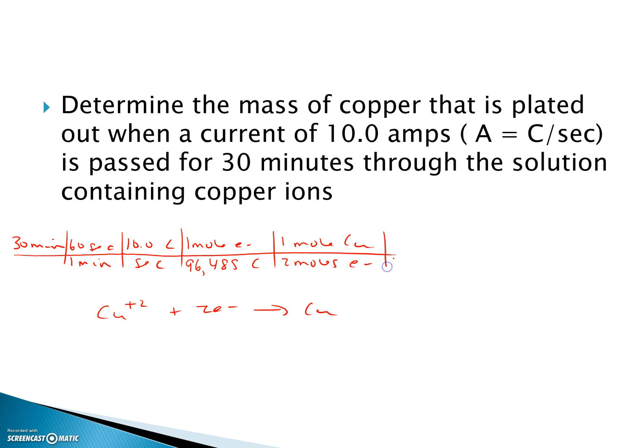We want grams, so our last step, for every 1 mole of copper that's plated out, we're going to have 63.55 grams of copper. That's going to give us 5.93 grams of copper that would be plated out of a copper ion solution when 10 amps is run through that solution for 30 minutes.